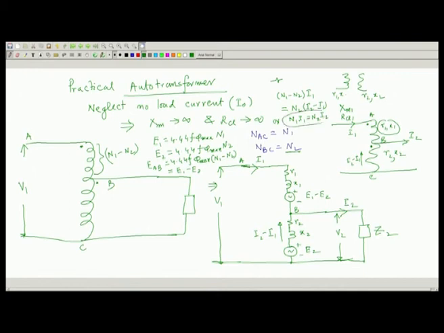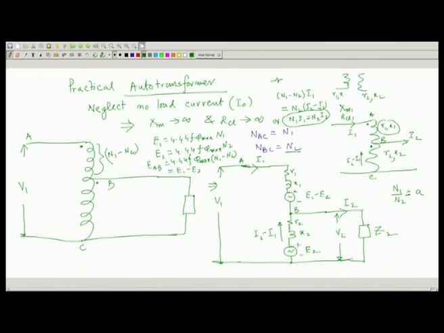See, the point is I should not start from this, I must establish, okay, it so happens that like a 2 winding transformer, N 1 I 1 is equal to N 2 I 2. I have derived that. I will define N 1 by N 2 as a, I will define that.